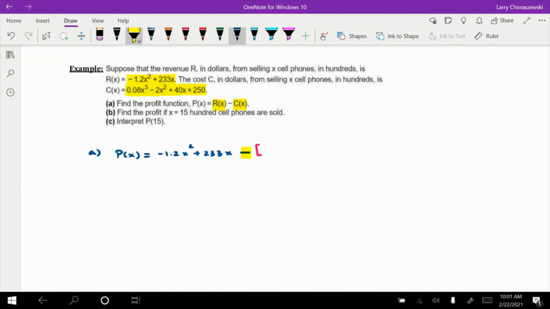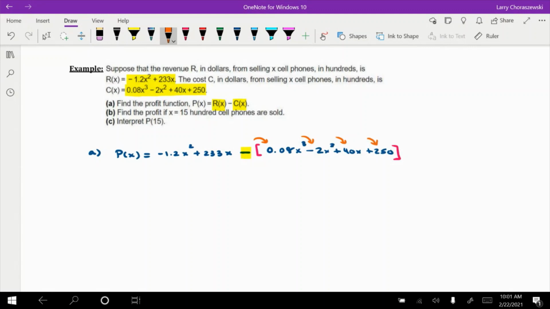All right, so inside of the brackets here, 0.08x cubed minus 2x squared plus 40x plus 250. And we'll proceed to distribute the minus sign to every one of these terms.